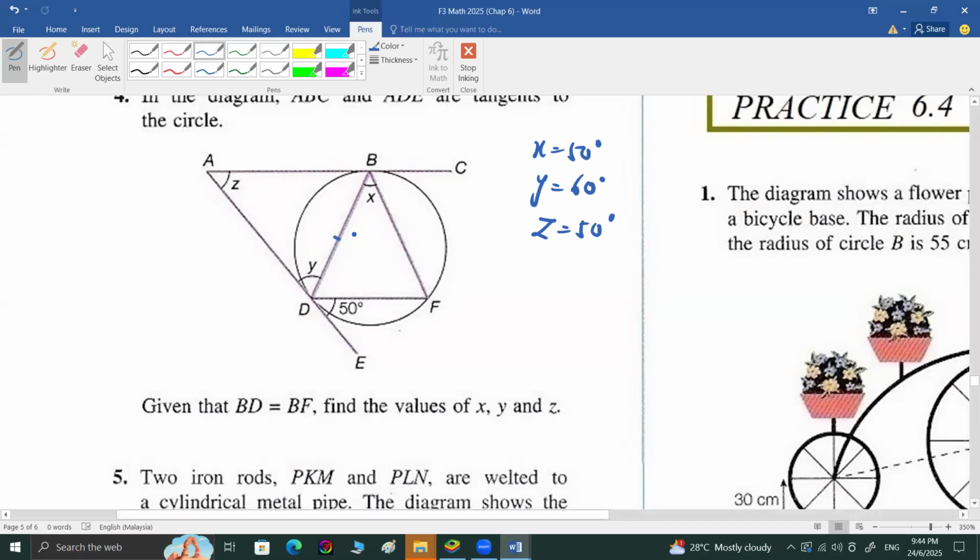BD, same as BF. 50, 65, 50. Okay, so your Y is 65. So now the students, 50, 65, 50. Okay, like class? Which one? Blue or red one? Red one, okay.